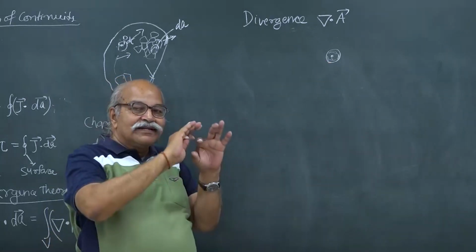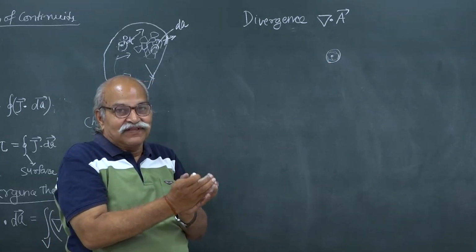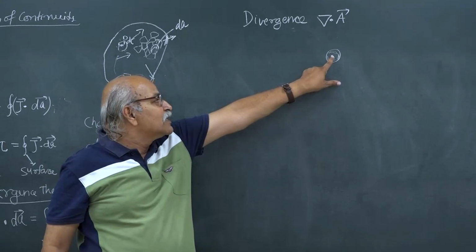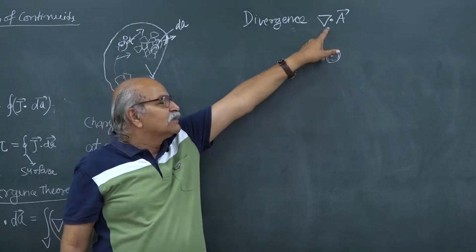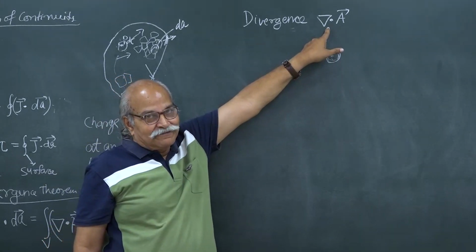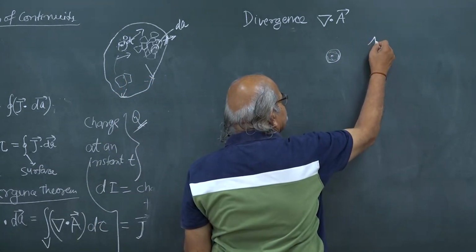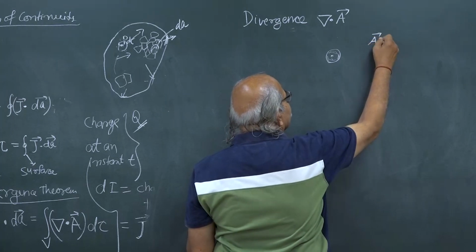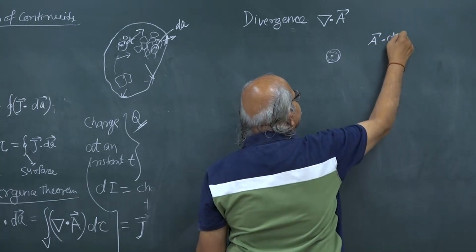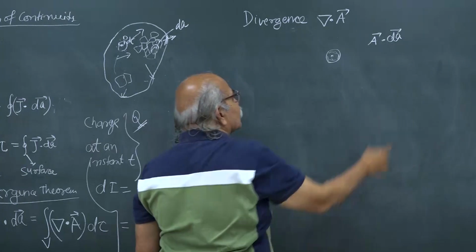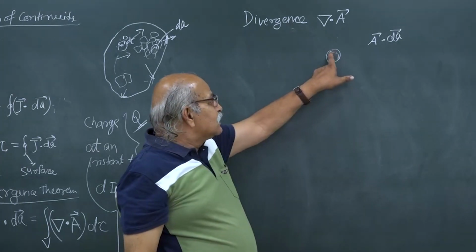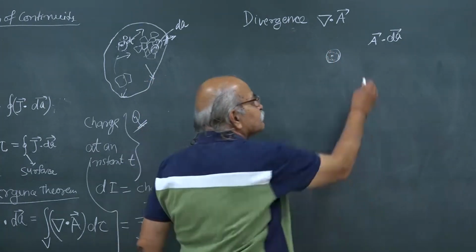You construct a small closed surface around this point where you want the divergence of A, and then you calculate A dot dA over this entire closed surface.